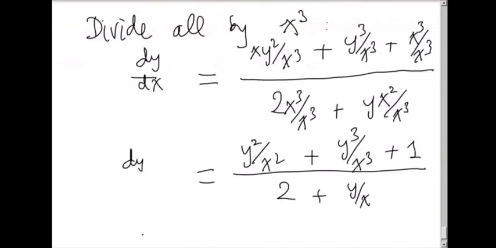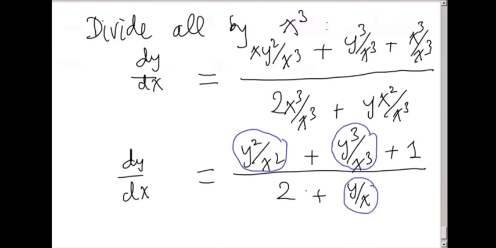So we see that everything here can be written as a ratio of y over x. This is y over x quantity squared. This is y over x quantity cubed, and so on.